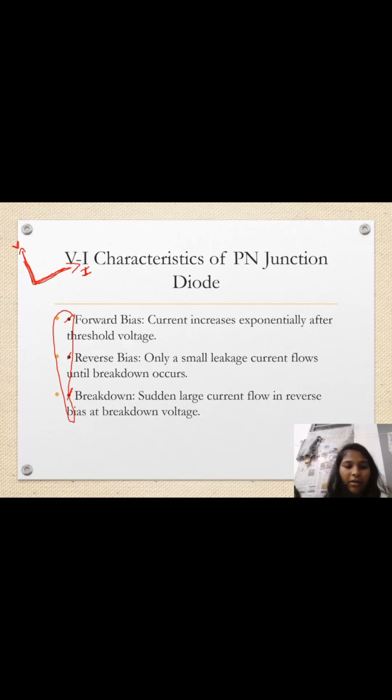Now we see first in forward bias, current increases exponentially after the threshold voltage. After the threshold voltage, current increases exponentially.